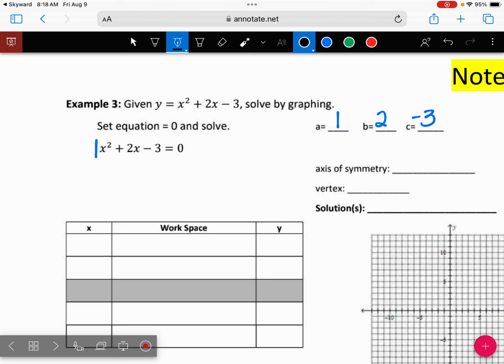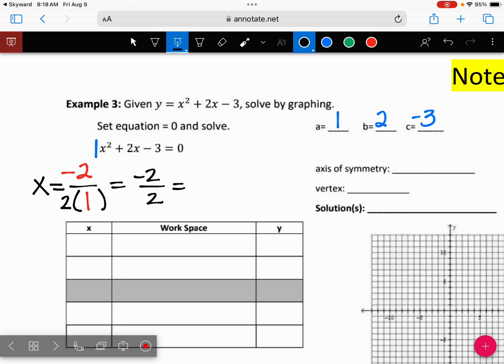Okay, so we've got to find our axis of symmetry first. So that would be x equals the opposite of b. So you see b is positive, so that means the opposite of a positive is a negative. And that's divided by 2 times a, which is 1. So we're going to divide -2 by 2.